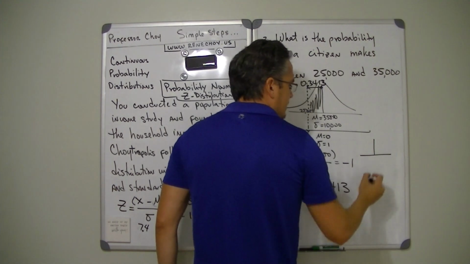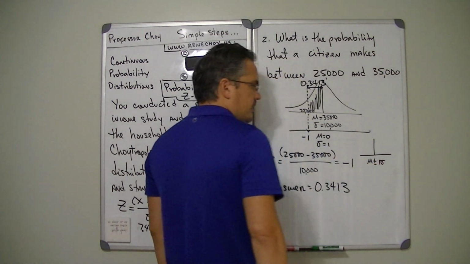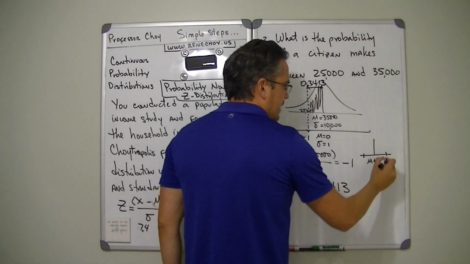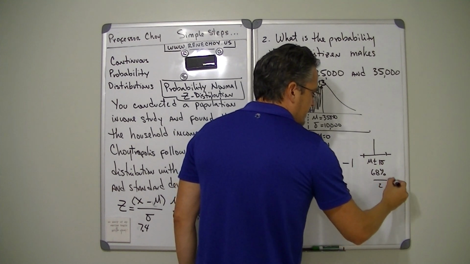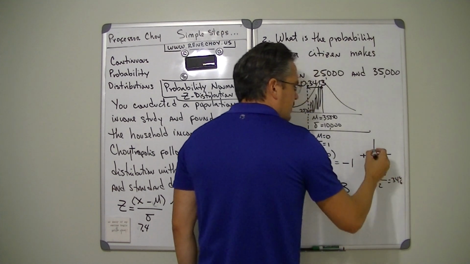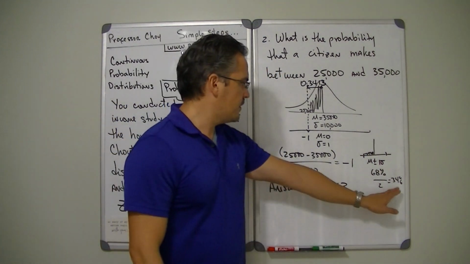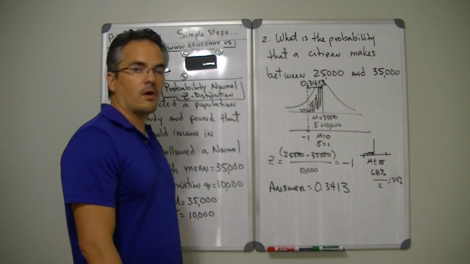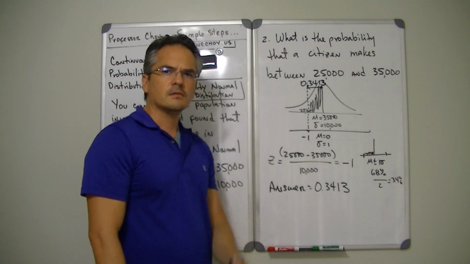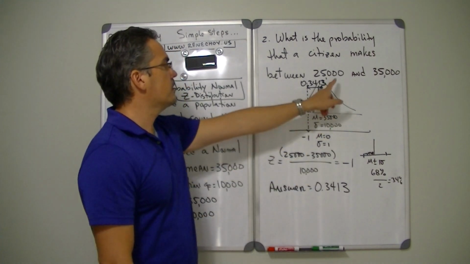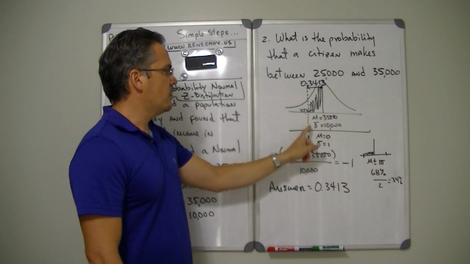So when we do mu plus or minus 1 sigma, we're going to find 68% of the data between those two, and half of 68 is 34%, which is the portion that they're asking us right now. So you would have gotten 34% or 0.34 if you would have remembered the empirical rule. You would have basically known the answer right away, because this number is exactly one standard deviation away to the left of the center of the data.